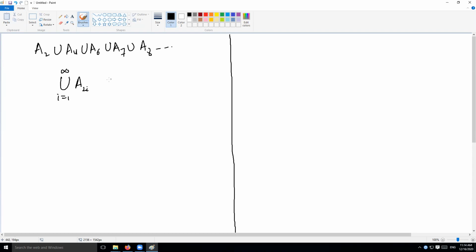But I can also write this in this interesting manner, that I'm taking the union of Ak's, where k belongs to a set I, where I is this set 2, 4, 6, 7, 8 and so on. Would that be a good way?